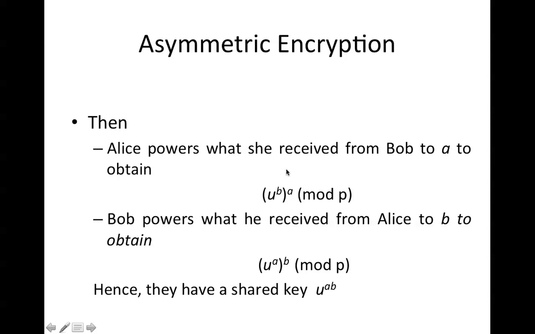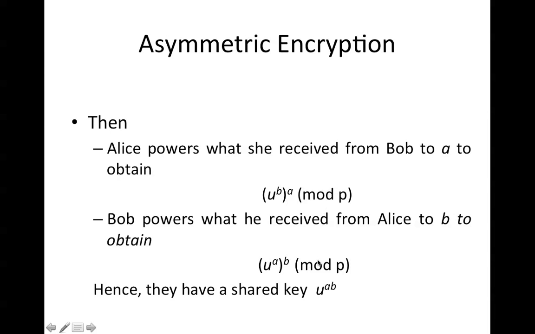Alice powers what she received from Bob to A to obtain u raised to B, raised to A, which is u raised to A times B mod p. And Bob does the same to what he received from Alice with B, his own private key, and he gets u raised to A raised to B, which is the same thing Alice has.